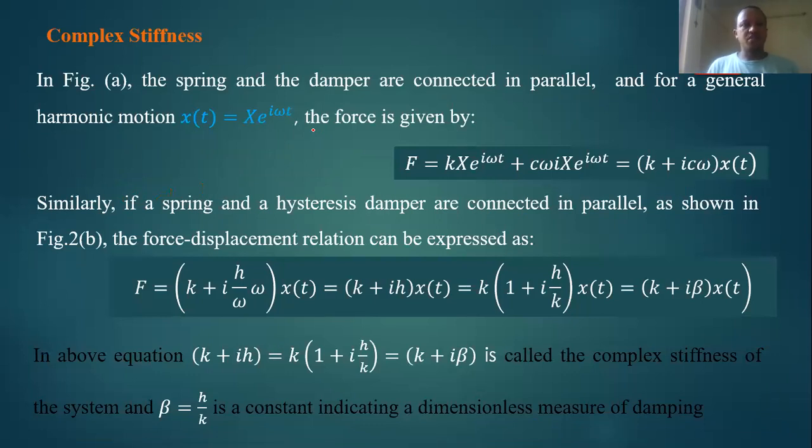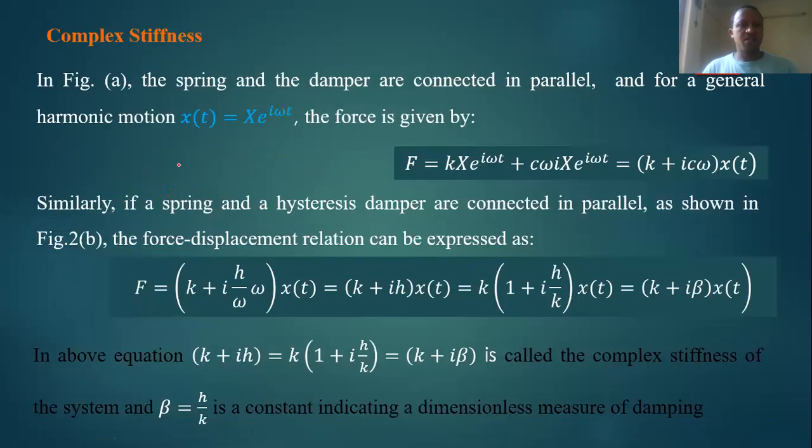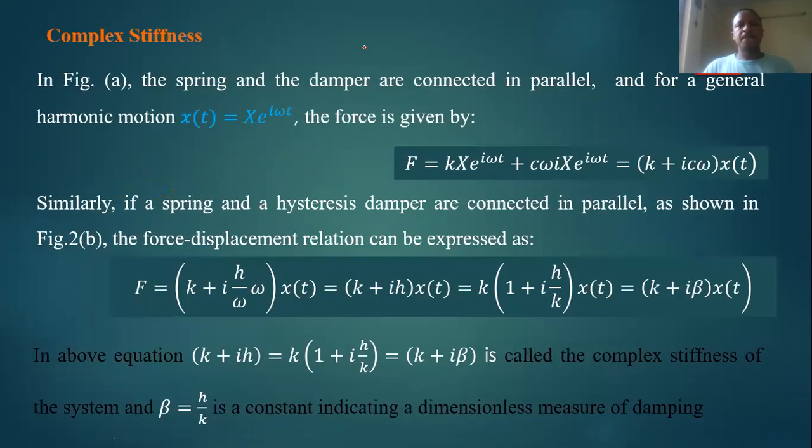Now, let's consider the complex stiffness condition in the case of a hysteretically damped system. In figure 1A, the spring and damper are connected in parallel, and for a general harmonic, x of t is equal to X e to the power i omega t.